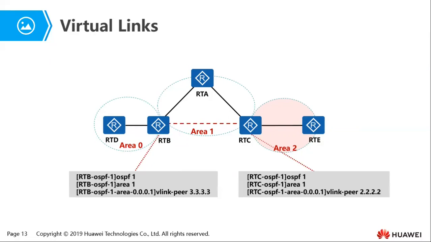All other areas must communicate through the backbone area. However, the backbone area need not be physically contiguous. It can be logically contiguous. That is, you can be connected to area 0 through a virtual link, as we are seeing here.